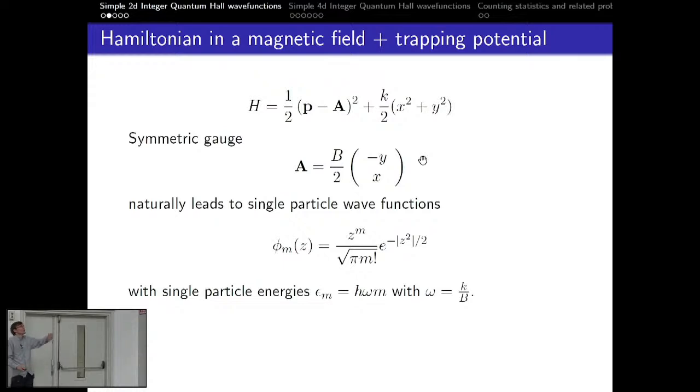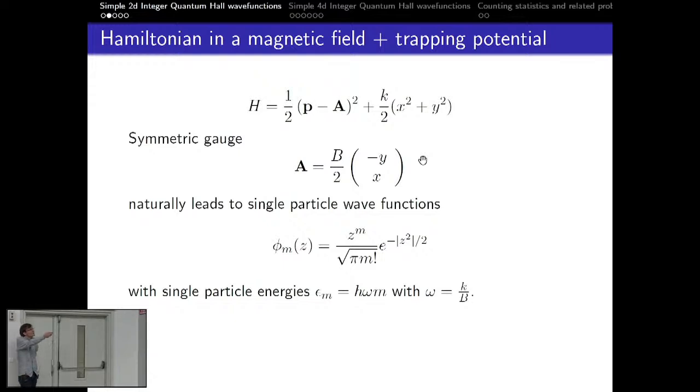Naturally, it's a sequence of steps. You have to consider a large magnetic field, there are Landau levels, you project, and so on. But at the end of the day, for this particular problem, you get the single particle wave functions. I forgot to say that z is essentially x plus iy, so it's 2D: I'm in the plane, and I use complex numbers to label coordinates.